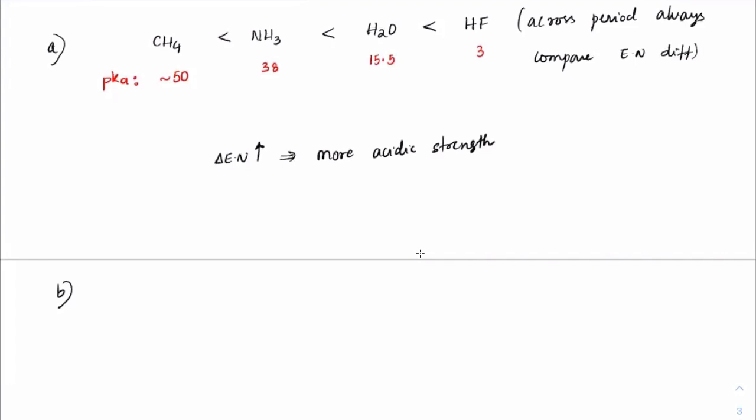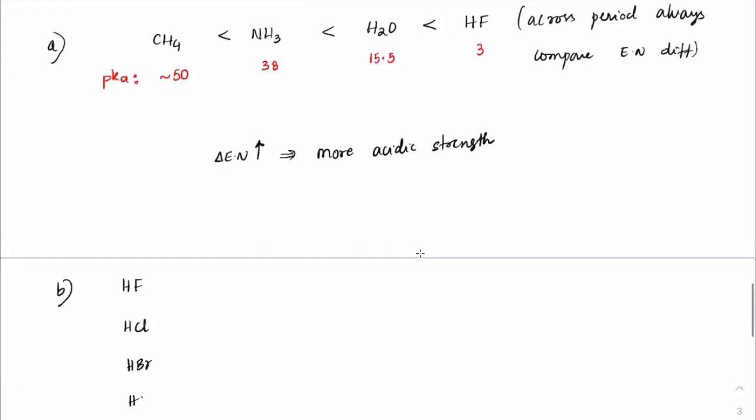Now suppose we go down the group, for instance, if we have HF, HCl, HBr, and HI. As you go down the group, you should always consider the increasing size. So if you check the acidic strength down the group, HI will be more acidic than HBr, then HCl, then HF.